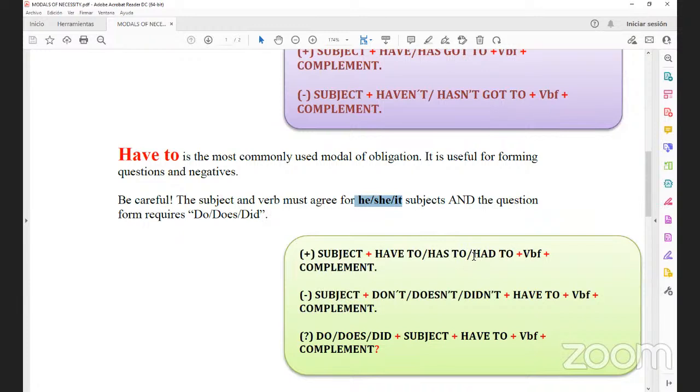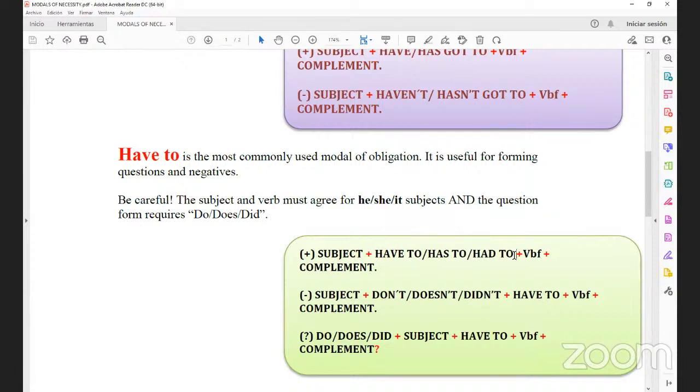Present, we use have to or has to. Past, had to. For example, I had to travel yesterday. Tenía que viajar ayer. So we can use it in past.